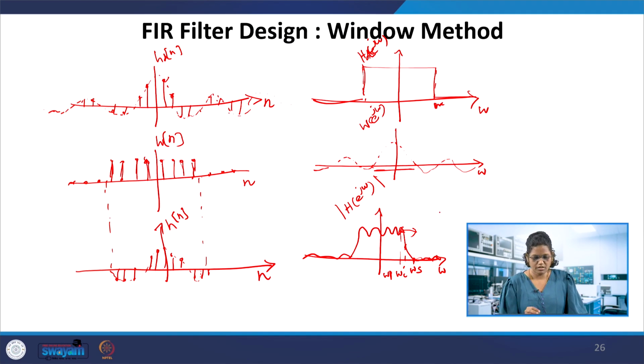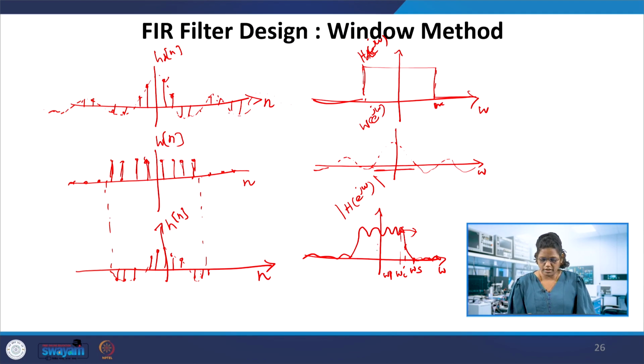We'll see this filter design taking different examples of how to do FIR filter design. Finally, we are going to decide these coefficients, which will have linear phase characteristics as well. I'm not showing the phase characteristics here, only the magnitude characteristics.